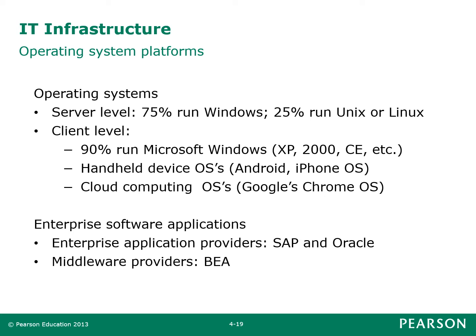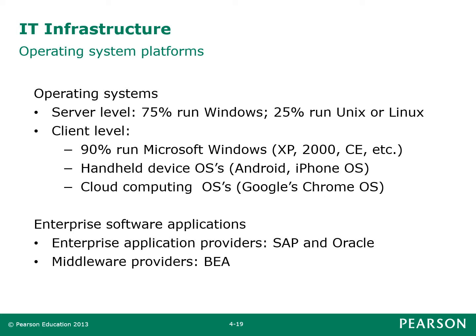Now we have the third component, enterprise software applications. I hope we know now what an enterprise application is. These are enterprise systems like ERP systems, supply chain management systems, and enterprise customer relationship management systems.